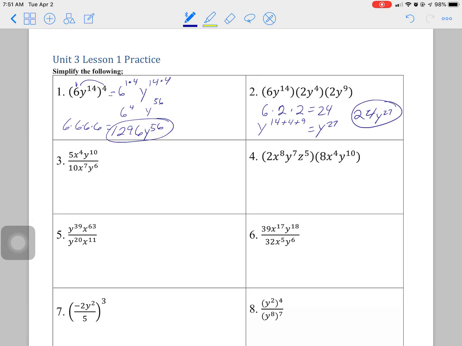This one, we need to reduce the 5 over 10. 5 over 10 divided by 5 equals 1 over 2. So there's going to be a 2 here. I can put the 1 up there. All right, and then I have x to the 4 minus 7. Oh, this is where it came in.